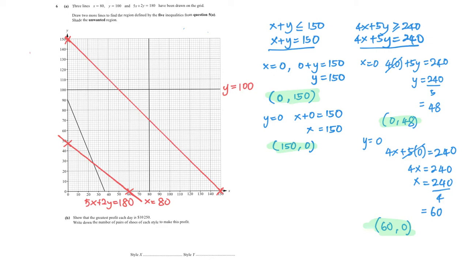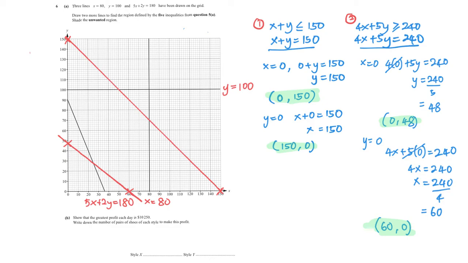And draw 2 more lines, and they said find the region defined by the 5 inequalities. Shade the unwanted region. So if you see here, we have 1 inequality up here, and then 2 up here, and then we have another 3 more, right?